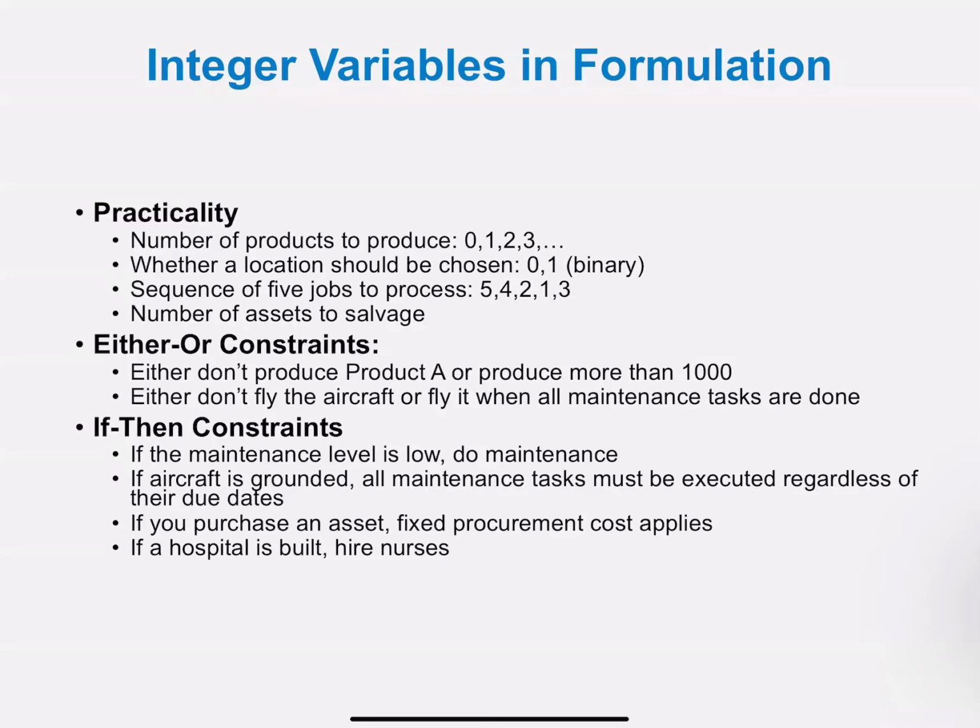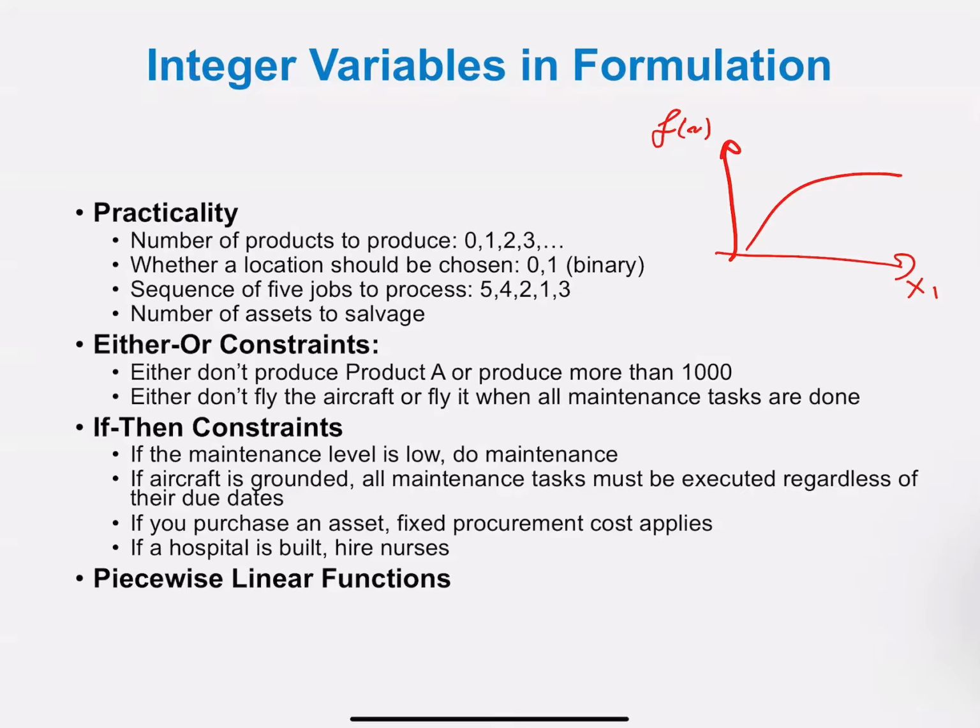Another thing is piecewise linear functions. One of the conditions for linear programming was to have linear expressions, linear terms of the decision variables. What if, let's say for one variable x1, you have a function that looks like that. It's not linear. It's, for example, a square root of x1 and so forth.